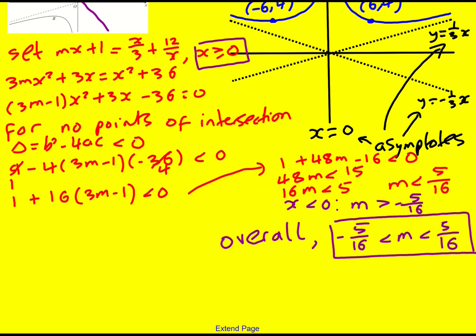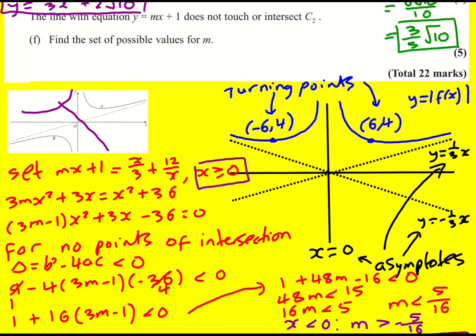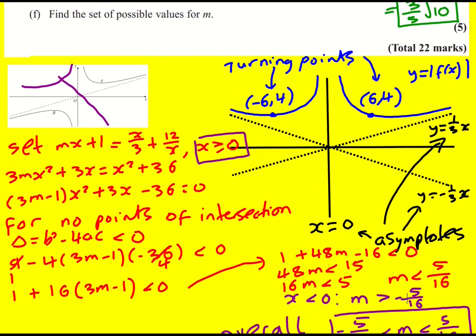I'm just going to talk about this bit very quickly again. We looked at the discriminant and found that m was less than 5 over 16, but that only applies to the original function, whereas our actual function is the modulus of the original function. So we also have this bit at the top left. You can't go having lots of negatives for your gradient because we'd actually hit the function. So we need to think about this other set of values here, like I drew originally.